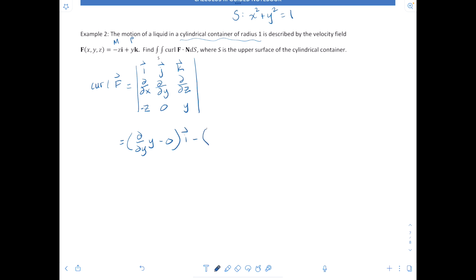And then minus, now going about j, we'll have first partial with respect to x of y minus first partial with respect to z of negative z, and that'll be times j, and then plus first partial with respect to x of 0, zeroes out, minus first partial with respect to y of negative z, that will also zero out, all of that times k.